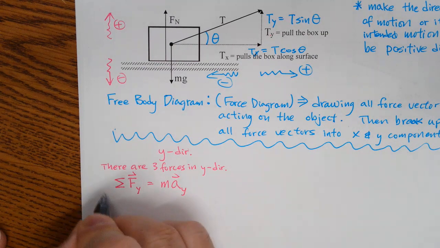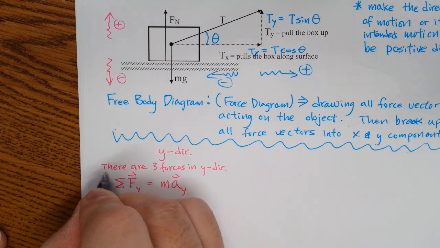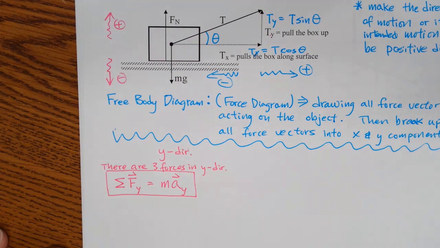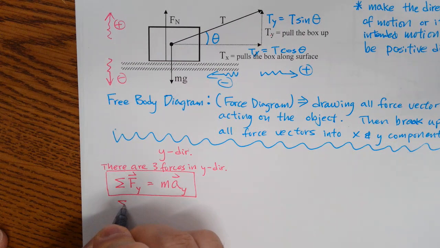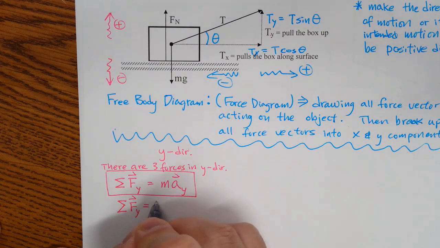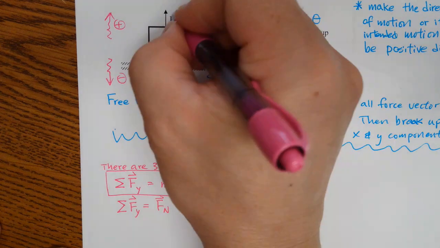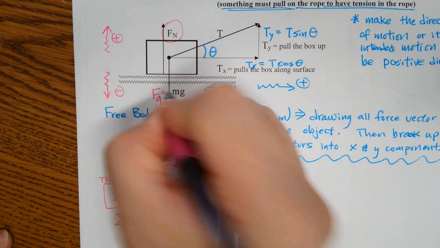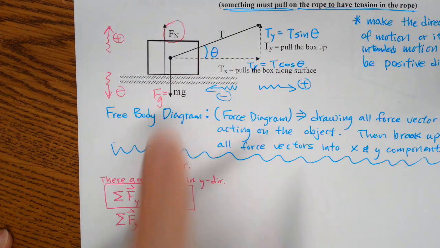So this is what I always start with. Always start with this equation. Then the second definition of my net force is just adding up all the forces. But since I'm only looking for the net force in y, I'm going to add up all the forces in the y direction only. So it looks like F normal is going in the y direction. This is Fg, which is the force of gravity or weight.